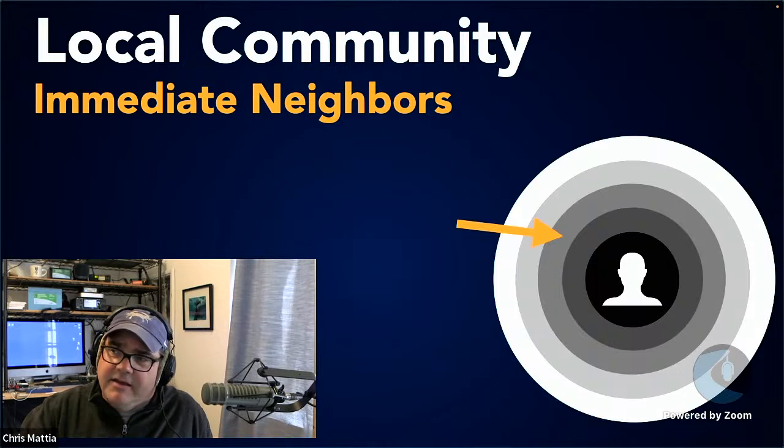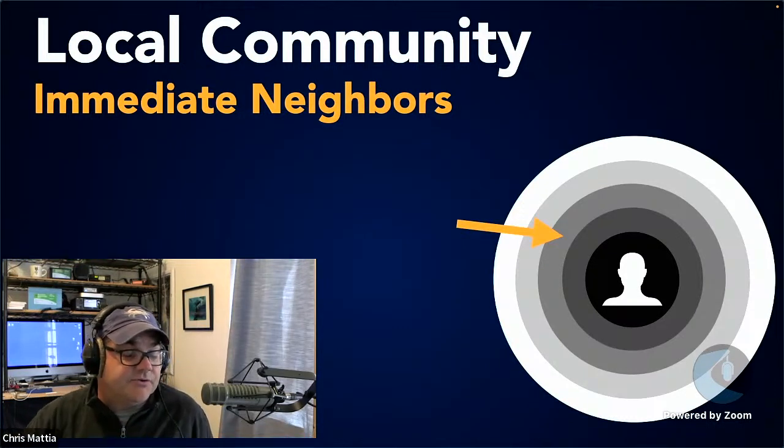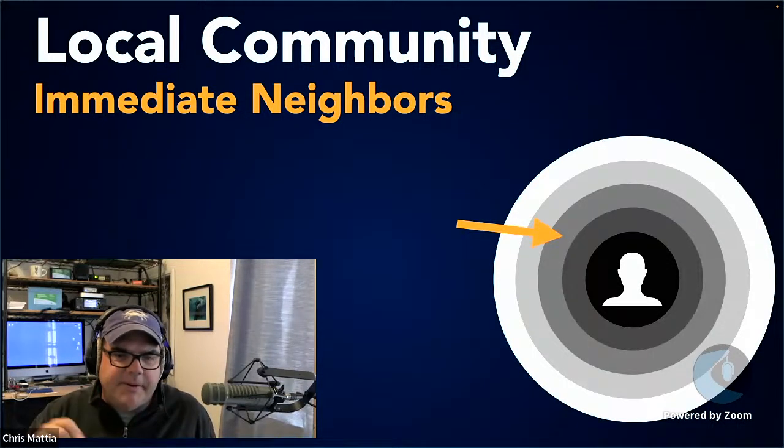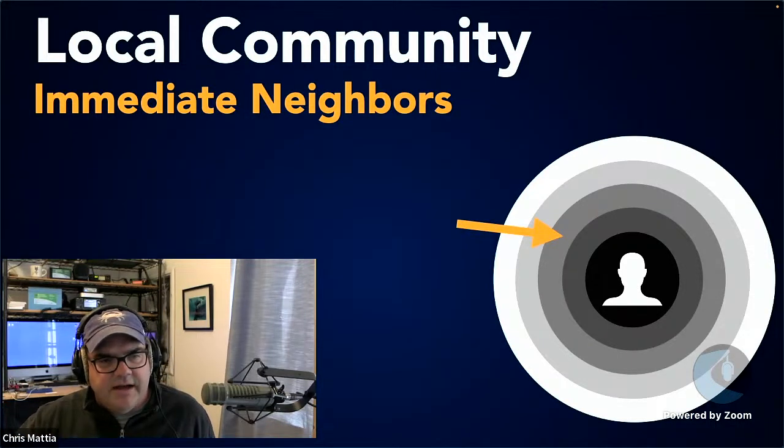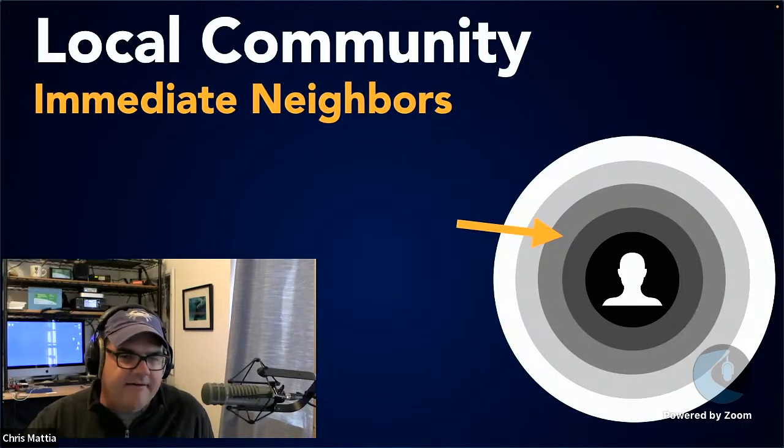It might be the older couple or individual who lives down the street or around the block from you, making sure that the critical people around you are safe and are able to get themselves out of the situation if they need to, have the care, have what they need to survive.